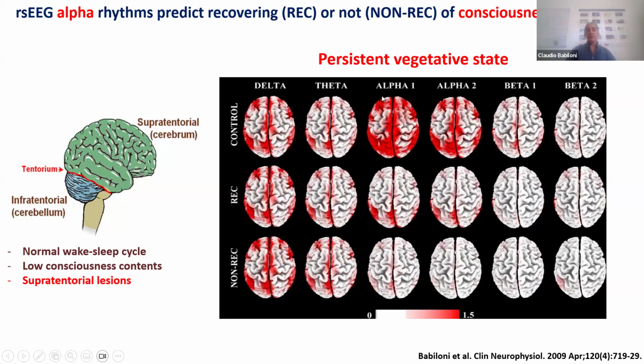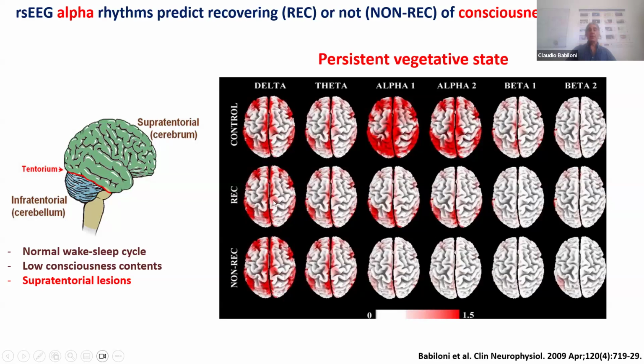So you see in the upper line a model of the cerebral cortex with some red spots indicating the alpha source activity. And so the maximum is shown in the source activity in alpha band.